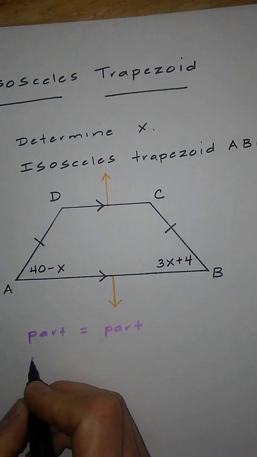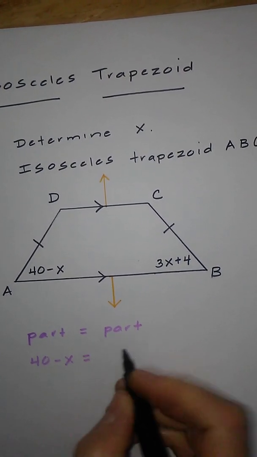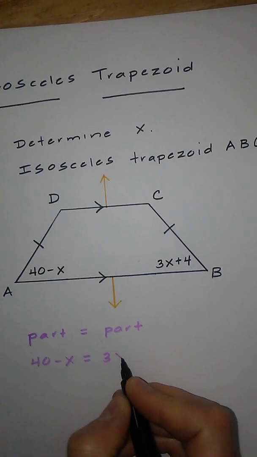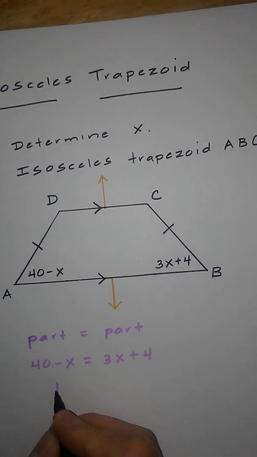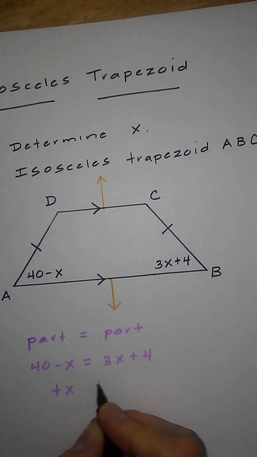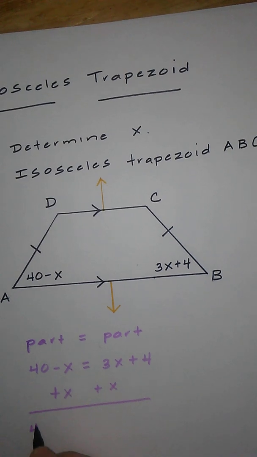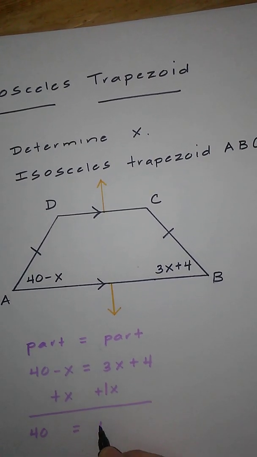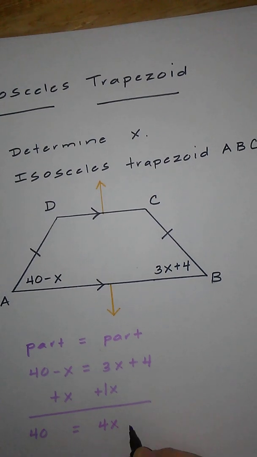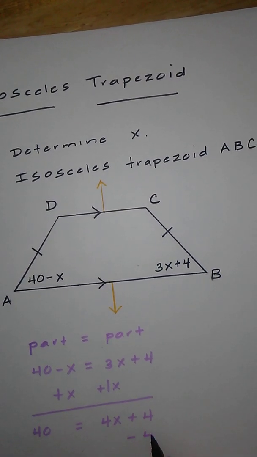So angle A is congruent to angle B. Again, the vocabulary word, they are base angles, and they are congruent because the trapezoid is isosceles.